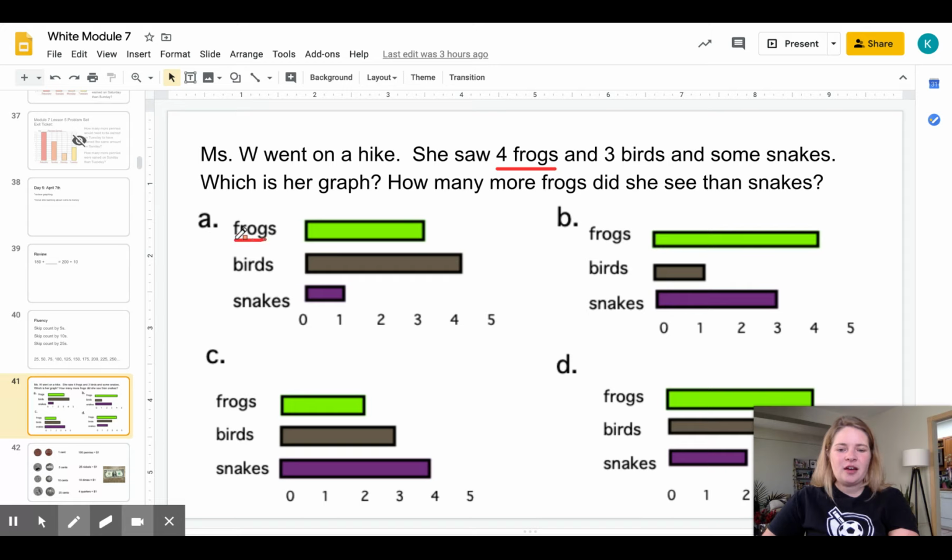I see frogs comes first in all of my graphs. Since that is true, we can determine how many frogs there are by looking at the green bar. In A, there are 1, 2, 3 frogs. So A would not be correct.